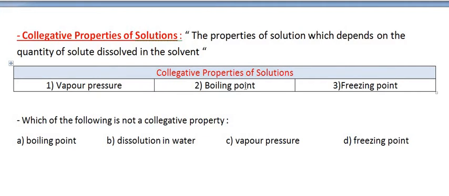The boiling point of this solvent changes. The freezing point of this solvent changes also. These properties are called colligative properties of solutions. These are the properties which change when you dissolve any solute in this liquid or solvent.